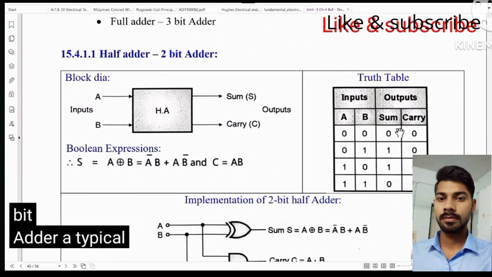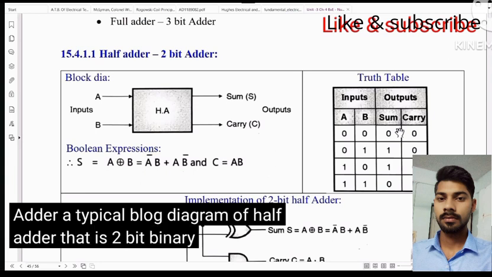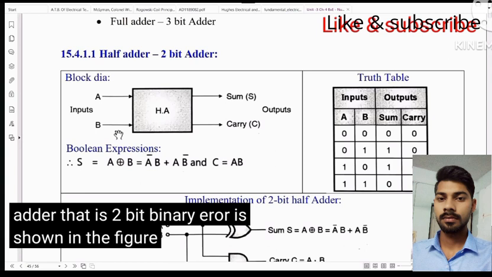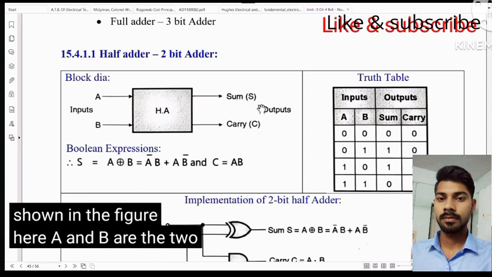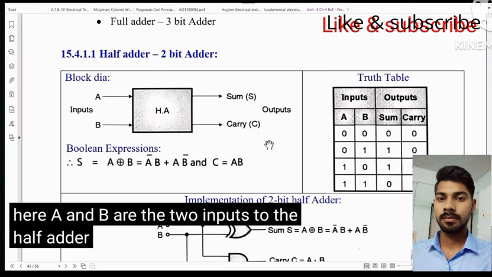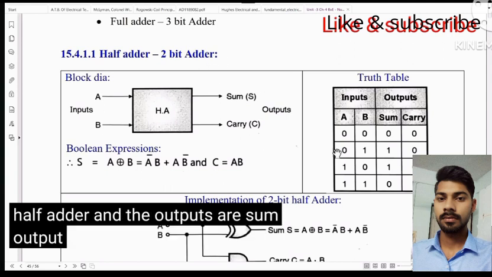A typical block diagram of a half adder, that is, a 2-bit binary adder, is shown in the figure here. A and B are the two inputs to the half adder, and the outputs are sum output and carry output.